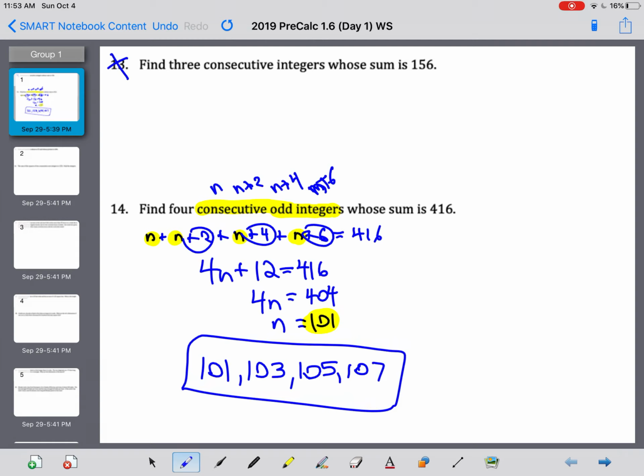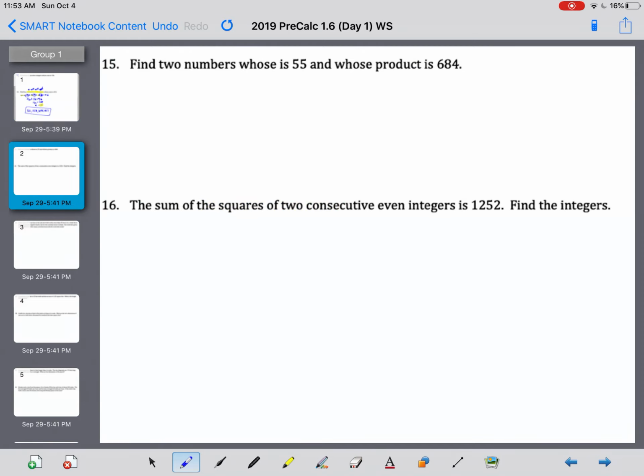The next one, number 15, says find 2 numbers whose sum is 55 and whose product is 684.